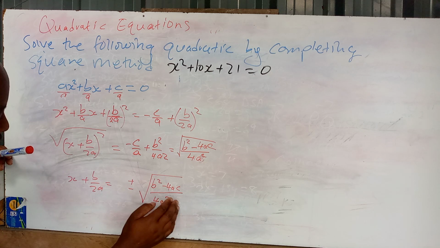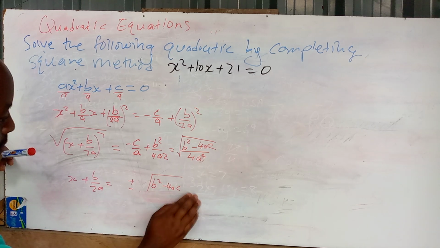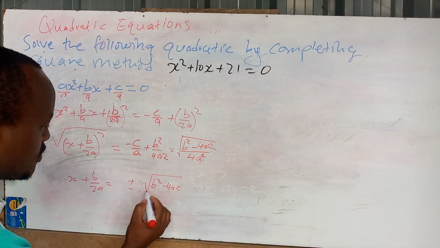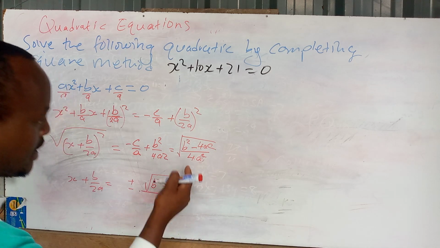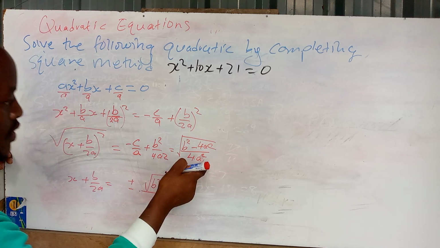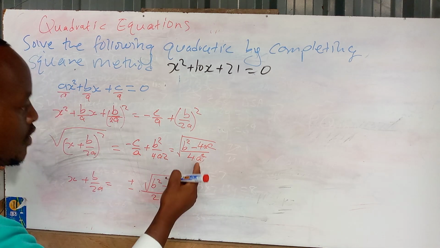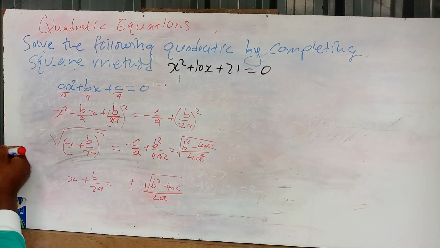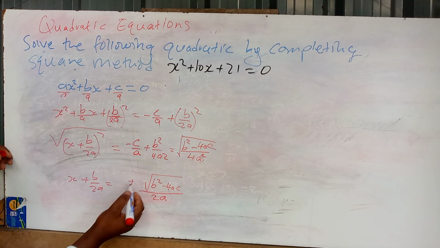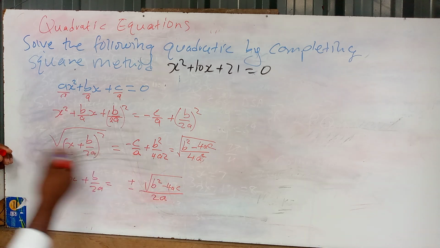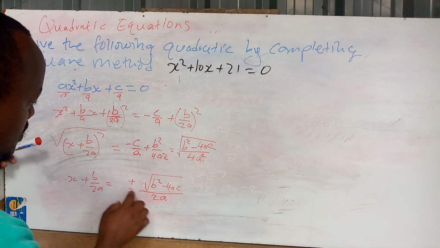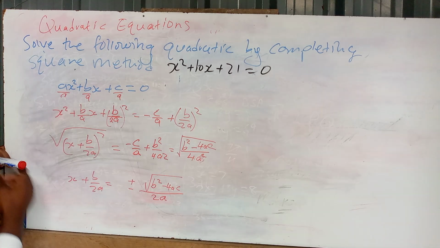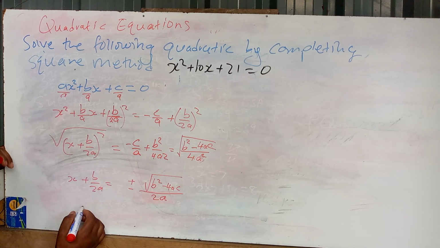So we can write this one as the square root of the numerator over the square root of 4, which is 2, and the square root of a squared is a. So we can write it as that. The square root of any number is normally plus or minus. Then we can find what x is.